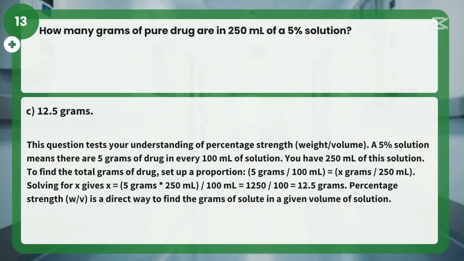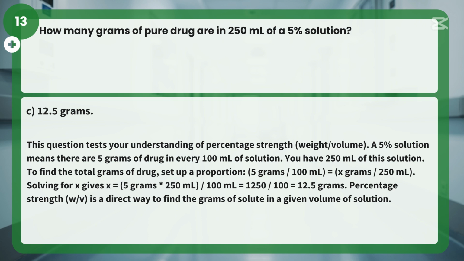Answer C. 12.5 grams. This question tests your understanding of percentage strength, weight/volume. A 5% solution means there are 5 grams of drug in every 100 milliliters of solution. You have 250 milliliters of this solution. To find the total grams of drug, set up a proportion, 5 grams/100 milliliters equals x grams/250 milliliters.